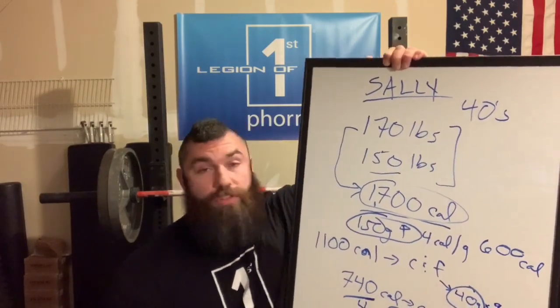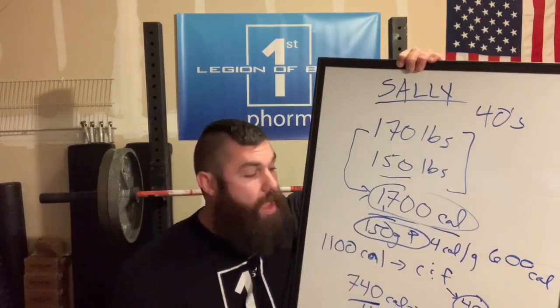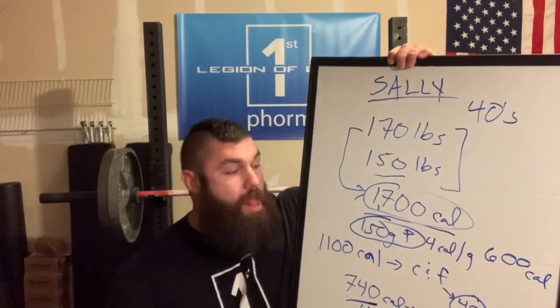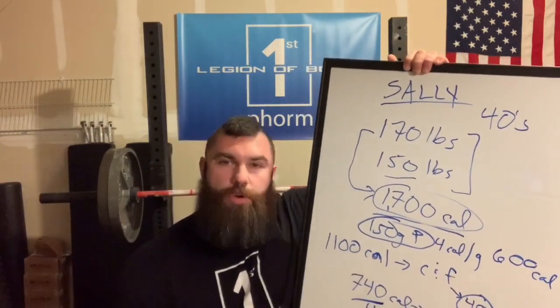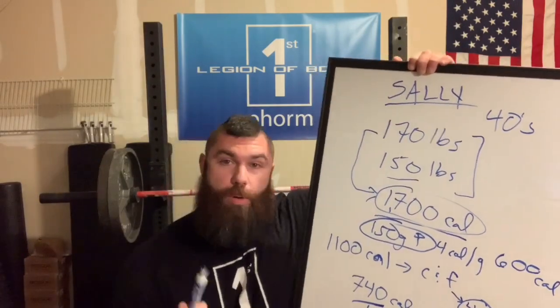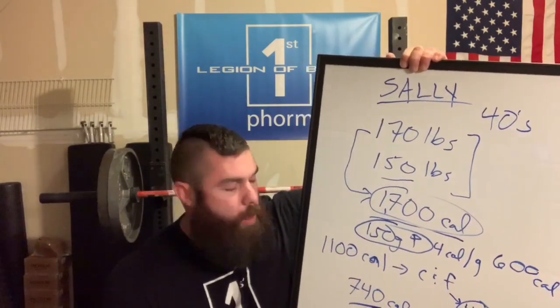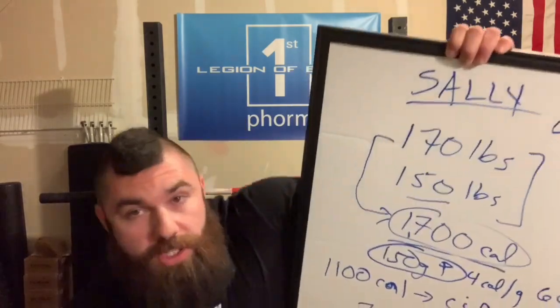Are you having trouble eating this much of one particular thing or another? And then we tweak it and say, okay, maybe we're going to have to up it to 11 calories per pound instead of 10, or what have you. So that's how you determine where to start, which is always the toughest part for folks.